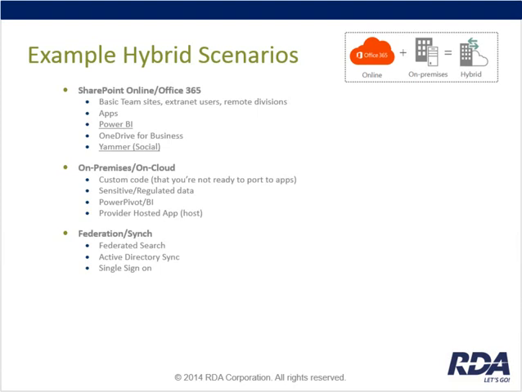Some Power Pivot and BI things have not been fully implemented, or potentially if you want to connect to internal data sources, you'll need to keep those internal data sources on premises.